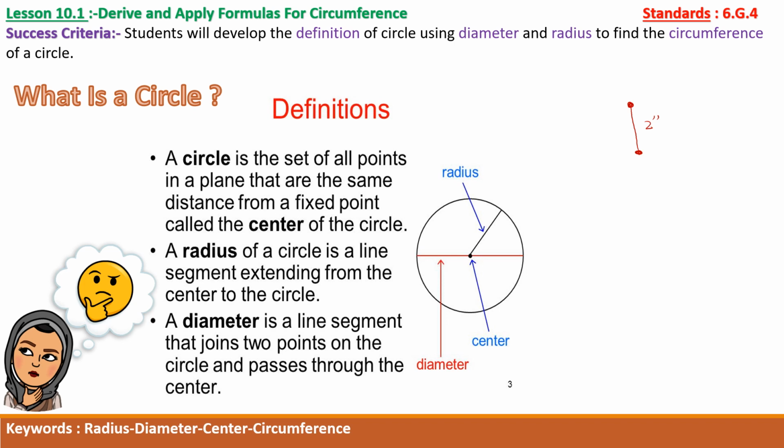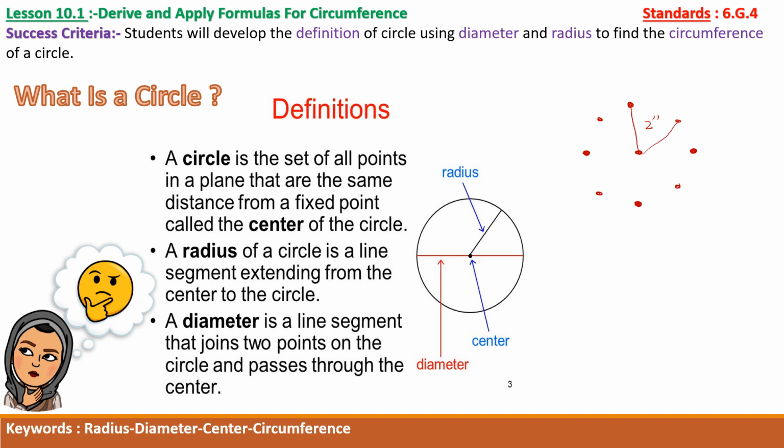So let's suppose here it is 2 inches. Underneath the center, there is another point 2 inches far from the center. And here also there is a point 2 inches far from the center. Make more points, for example here, here, here, and here, each 2 inches far. What does it mean?